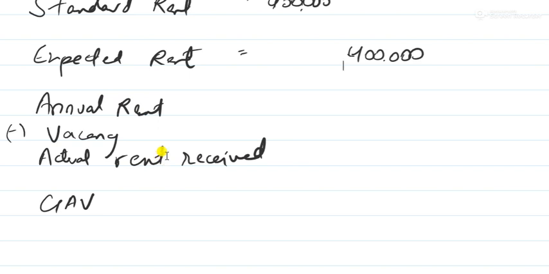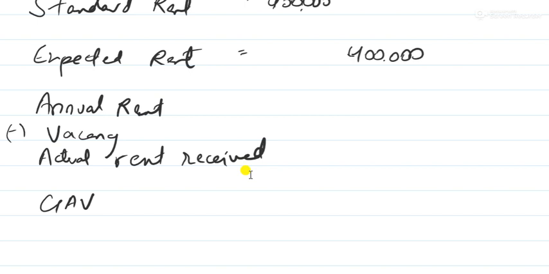However, they have given us actual rent received first, and now we have to calculate the annual rent, because in order to see whether vacancy will be considered or not, annual rent will be compared with expected rent and not actual rent received. Right, whether the assessee is honest or dishonest, in order to see that, we have to compare expected rent with the annual rent, not expected rent with actual rent received.